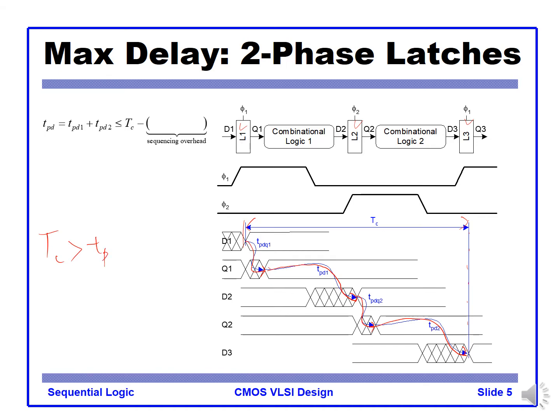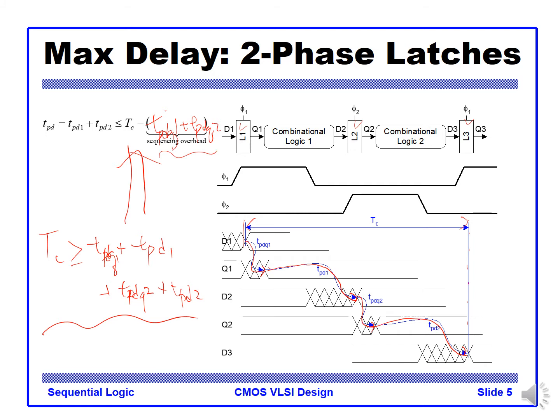So TPDQ1 plus TPD1 plus TPDQ2 plus TPD2, right? So that gives us TPDQ1 plus TPDQ2.